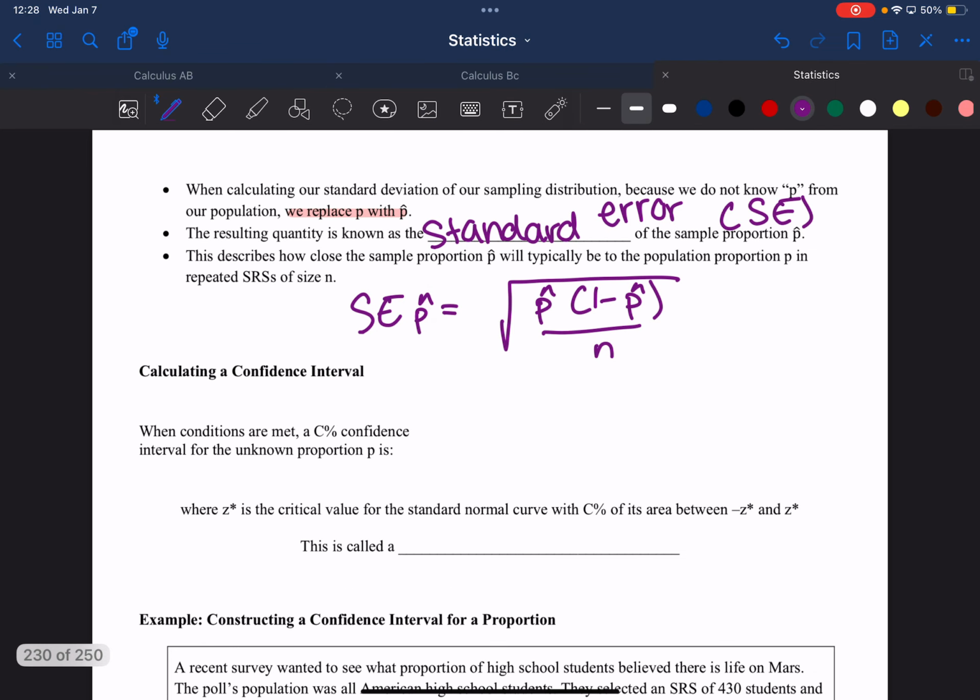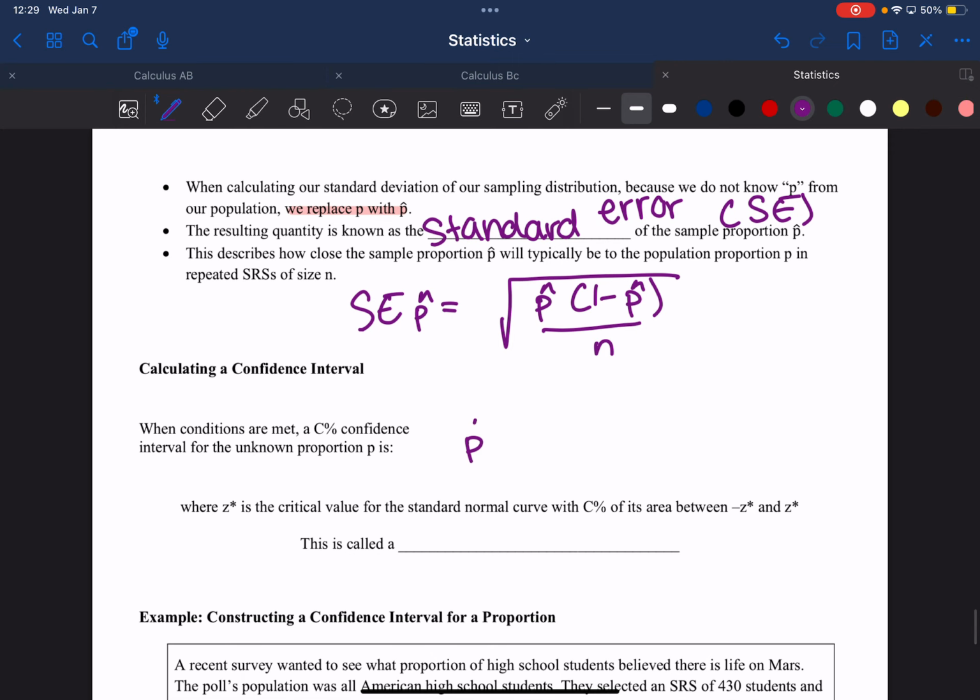Now it says calculating a confidence interval. So it says when conditions are met, the confidence interval for the unknown proportion p follows the following formula: p hat plus or minus z star times the square root of p hat times 1 minus p hat over n.